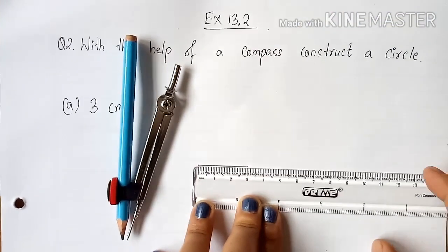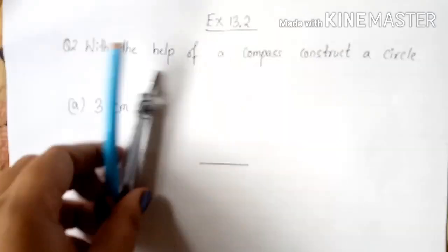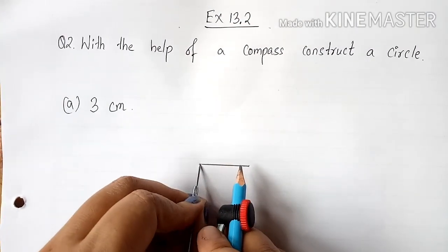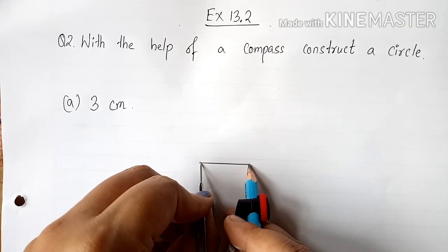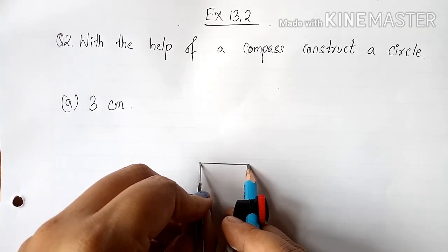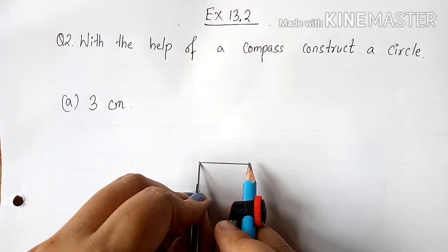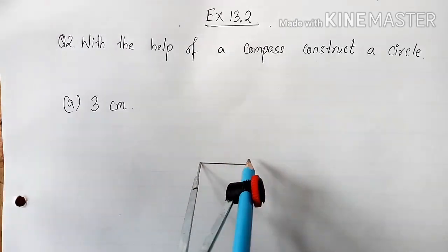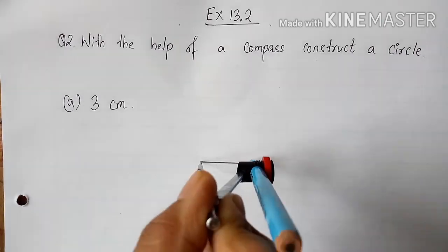So this is 3 centimeter. Now from 0 point you measure here. Clear? 3. Now after you measure, don't move it anymore. Now you make a circle.